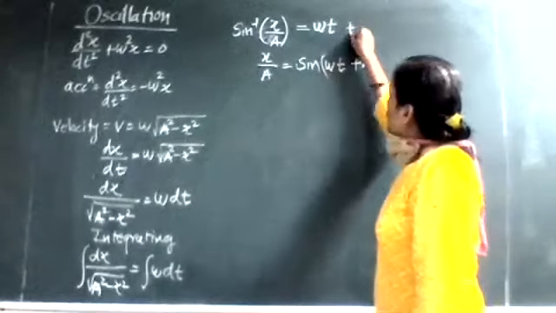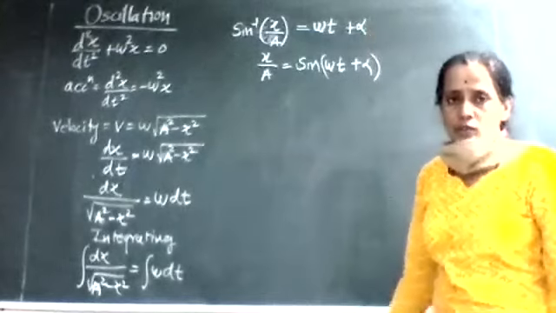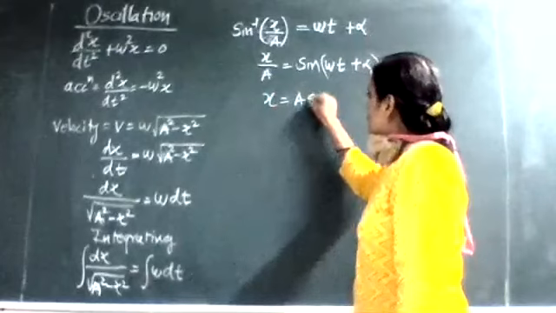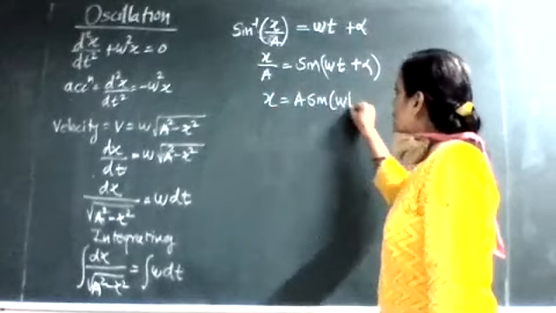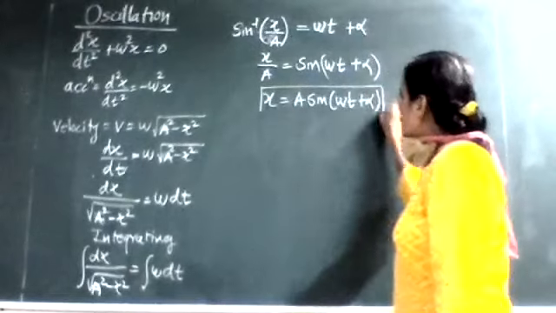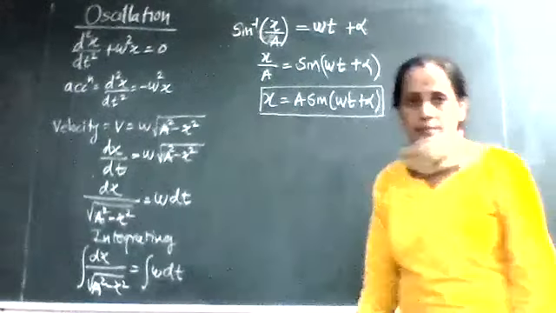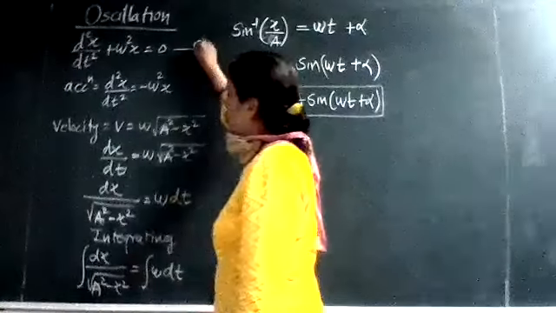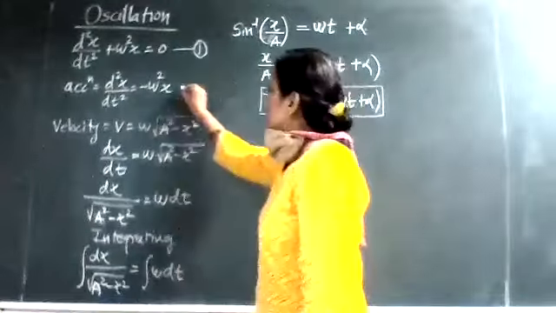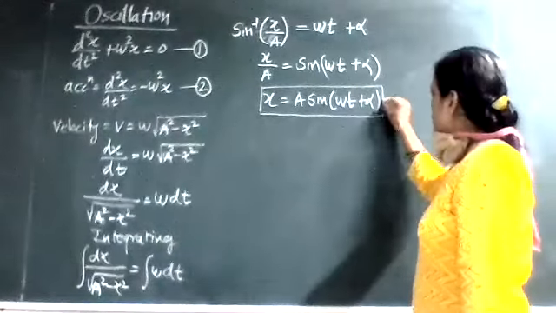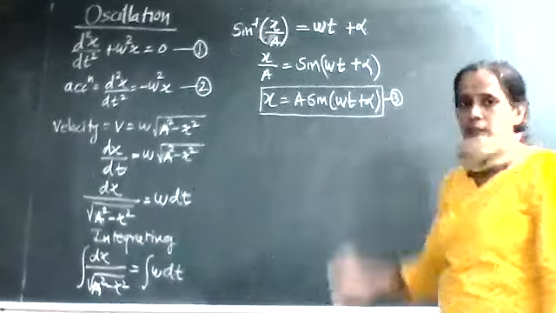So x is equal to A sine of omega t plus alpha. This is nothing but your equation of displacement. So the first equation I got is for acceleration, the second equation for velocity, and the third equation for displacement.